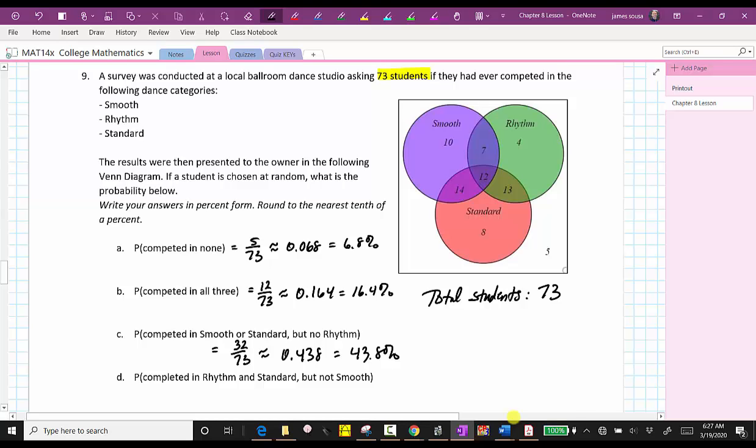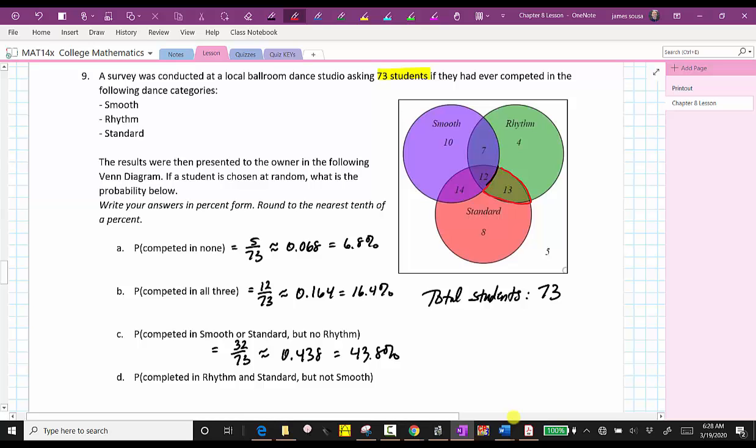and standard, but not smooth. So rhythm and standard is the intersection of rhythm and standard, which is this region here, but we do not want them if they also competed in smooth, so we don't count these 12. We're only considering this set here. Again, we don't include these 12 because while they are in the intersection of rhythm and standard, they also competed in smooth, and we want them not competing in smooth.